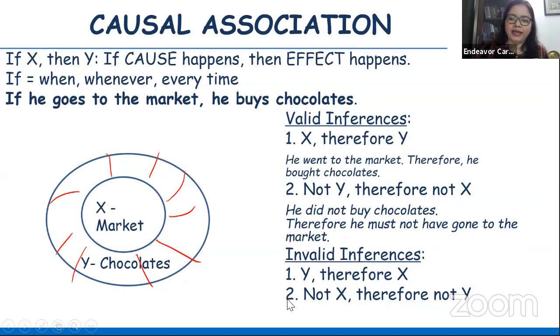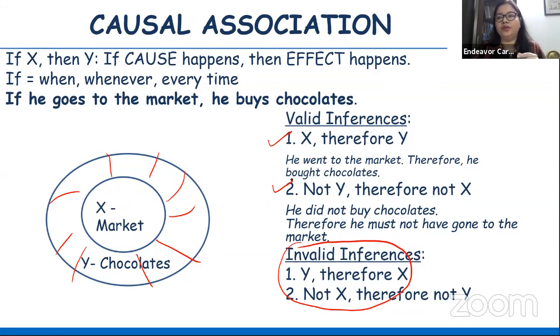These two invalid ones here become valid in the case of an only X, therefore Y. These two valid inferences here become invalid in the case of only X, therefore Y. Correct? Only in X does Y happen.